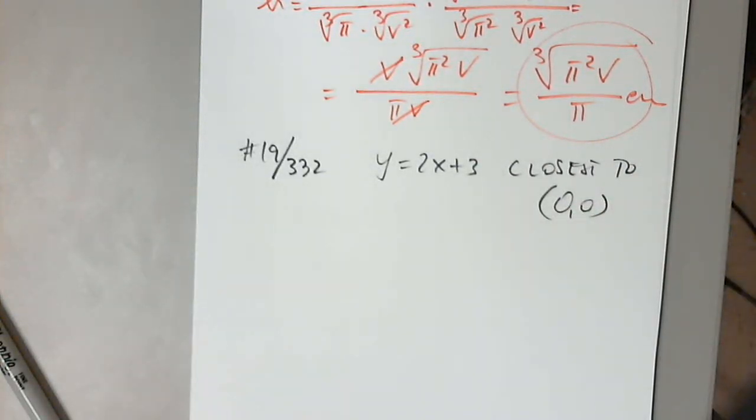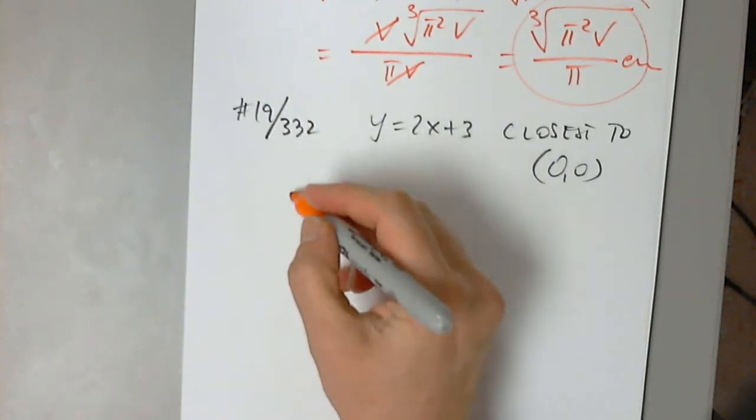What does that mean? The word closest means definitely find the smallest distance. So we want to minimize the distance between the line and the origin. Okay, I don't picture yet what's happening here, so let's take a look.